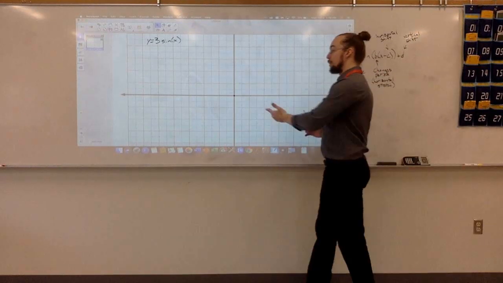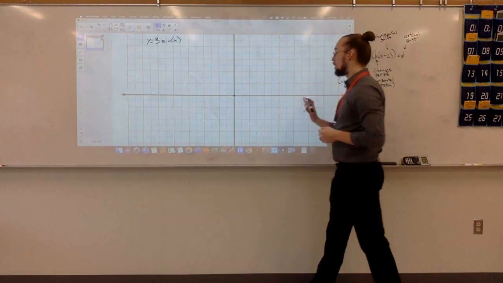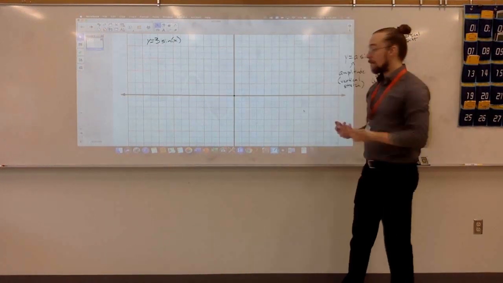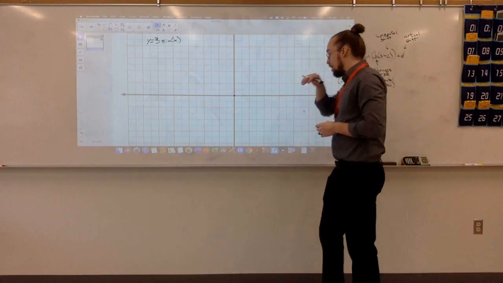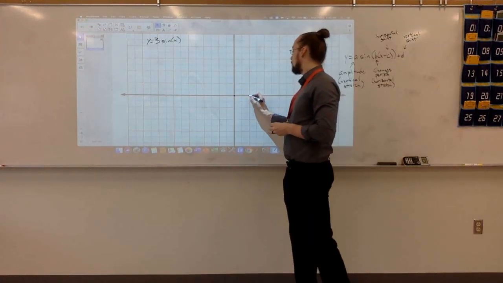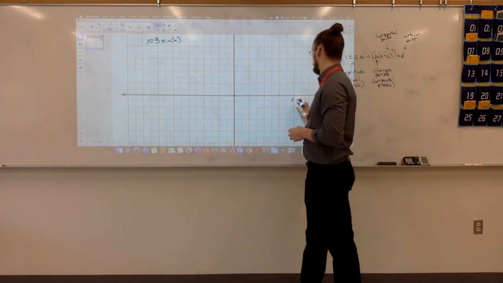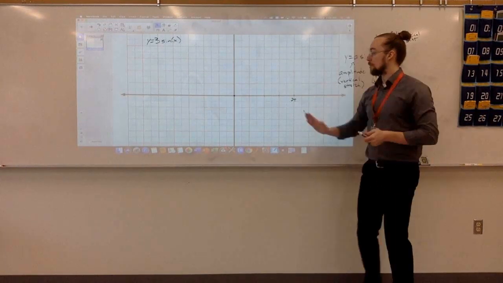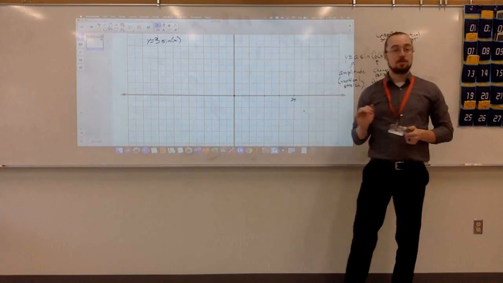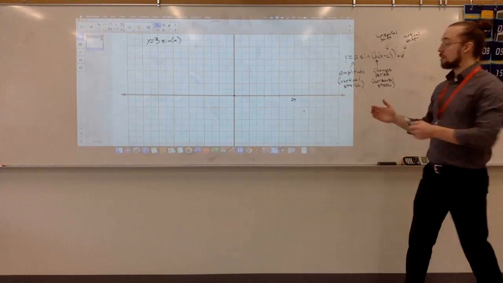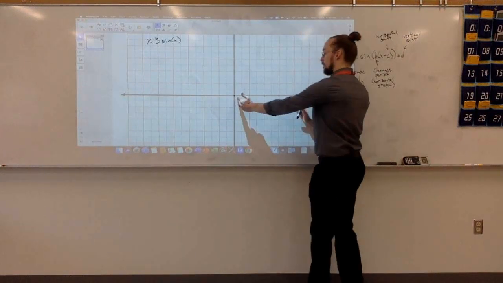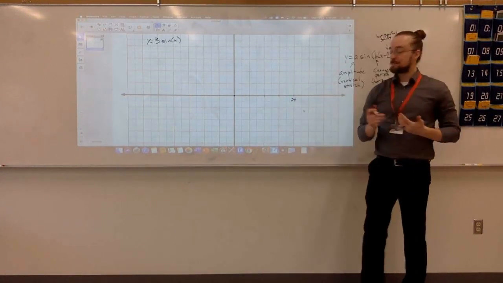I know that one period starts at 0 and ends at 2 pi. So what we want to do is split that interval up into fourths. Once we determine where we're starting and where we're ending, we want to split that up into fourths.